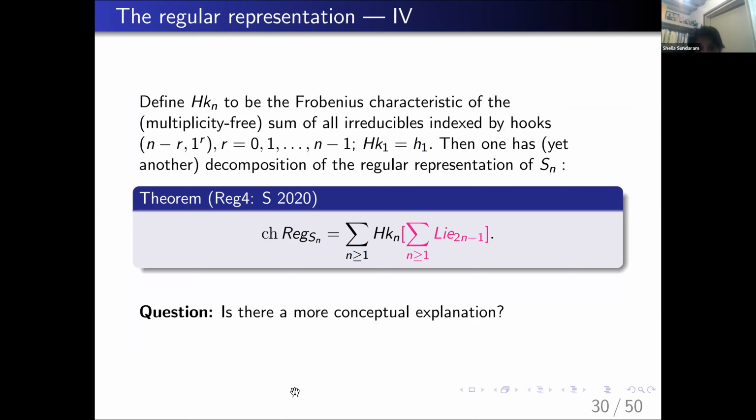If you take hk subscript n to be the sum of all the irreducibles indexed by hooks, one for each hook shape, then the regular representation decomposes as the sum of all those hooks, plethysm with the odd Lie representation. And I have no idea why this is happening. So if you put this in the GL(V) context, hooks show up in the exterior powers of the natural, defining representation. So maybe there's something going on there. I actually don't know.